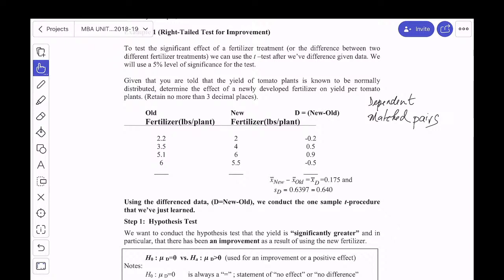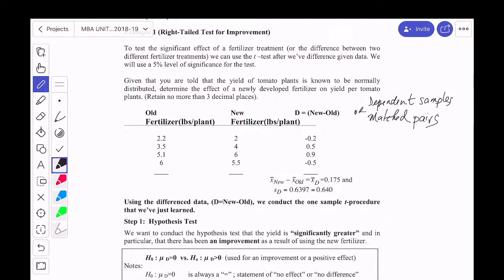And I promised you that you would learn how to analyze results of a matched pairs experiment. And now you have all the tools, so here it is. This is how you would do it. This is known as dependent samples or matched pairs.